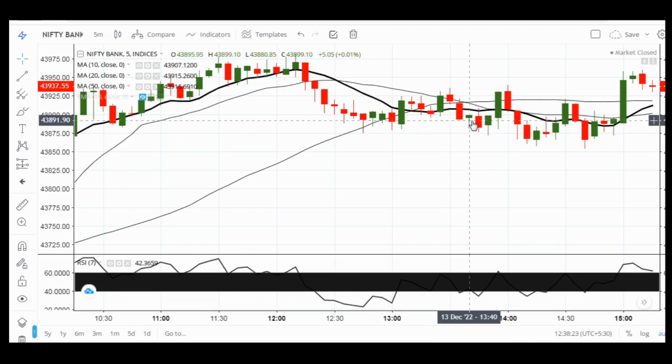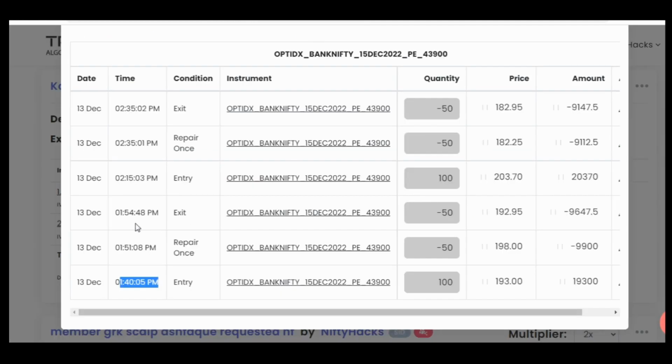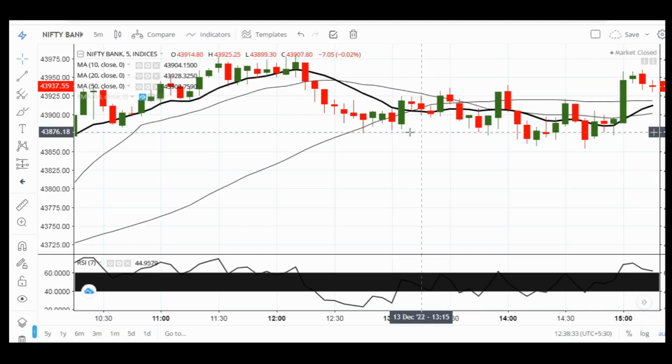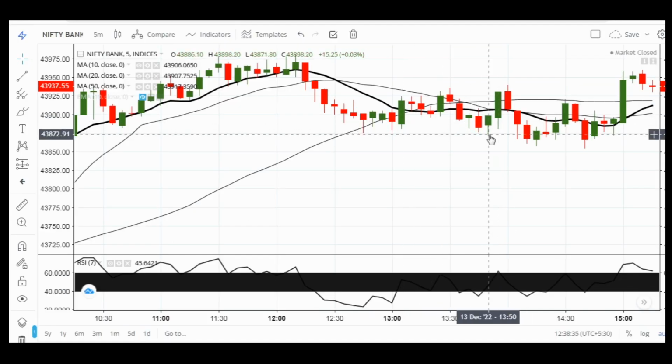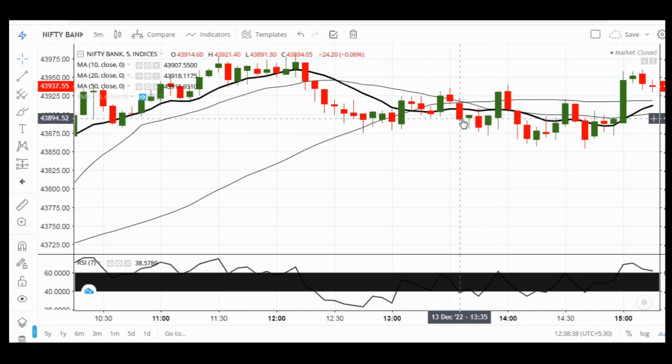Our entry got triggered here, and I think this candle would have taken our stop losses. So at 1:51 and 1:54, yeah, here our 1:1 target is also achieved at this candle, and after that we got stopped out here.